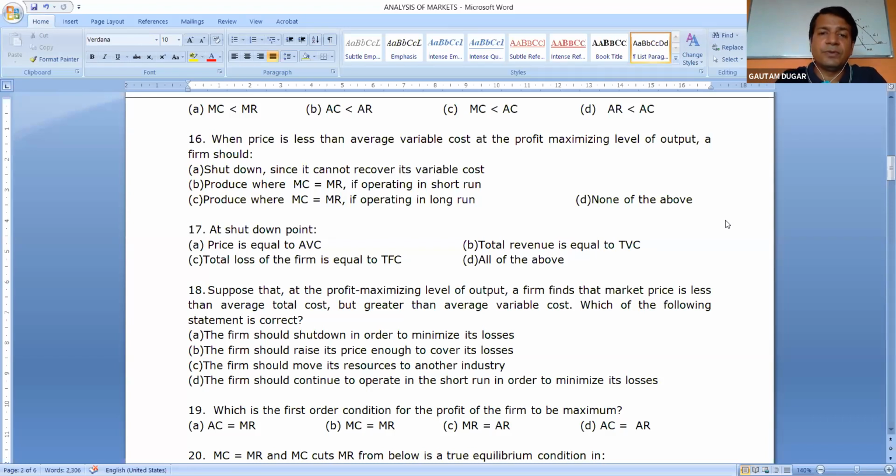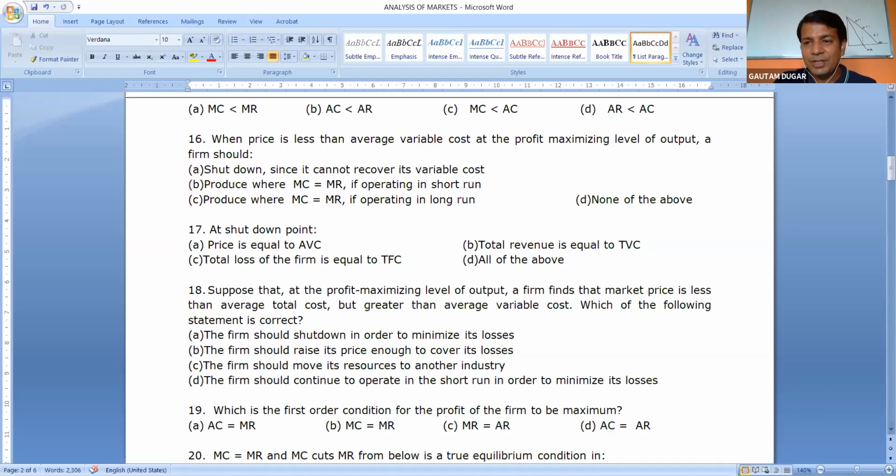Total loss of the firm is equal to total variable cost. All are correct. But what happens again in the MCQ? Our minds have been tuned that shutdown point means price is equal to AVC. We pick the answer A. We forget to judge options B and C as well.